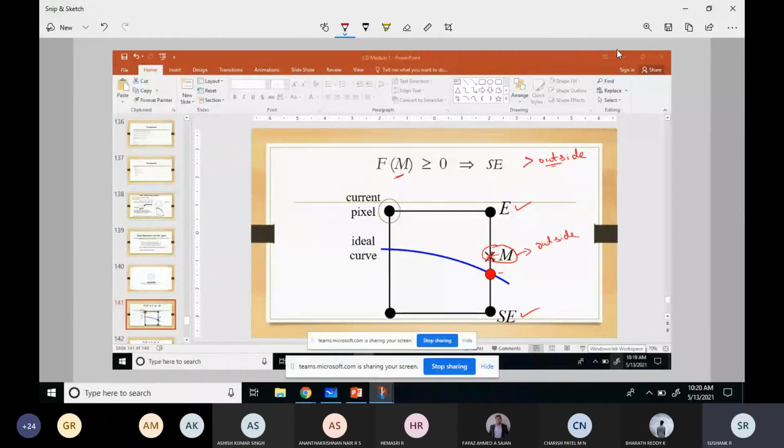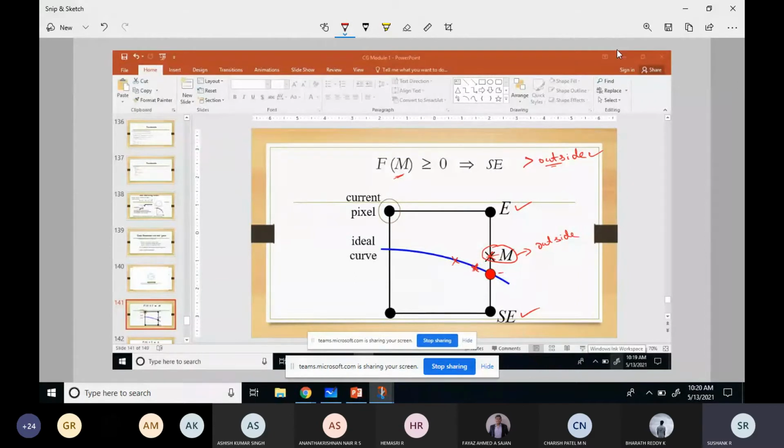You can check, the circle is here, and the midpoint is outside the circle. This is the point on the circle, but when I calculate m, it is outside the circle. This m is between two points: one is pixel E and the other is pixel SC.